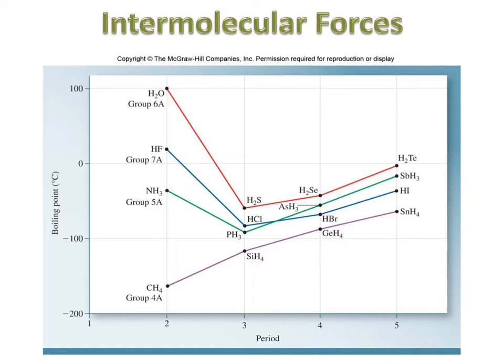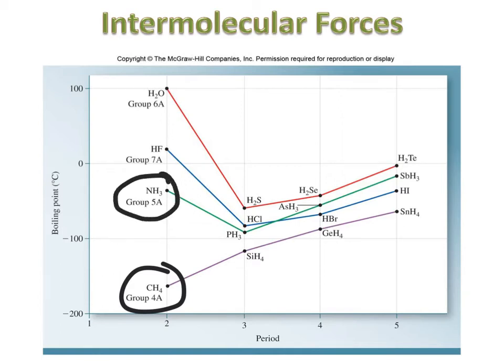This graph shows the effect of hydrogen bonding. Methane down here has a carbon. It is not highly electronegative, and as a result it has an extremely low boiling point.